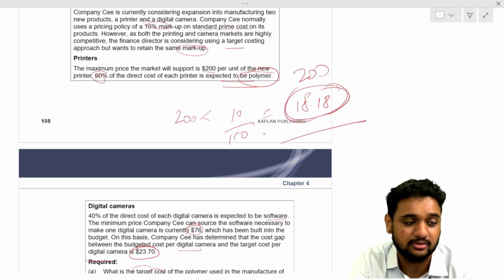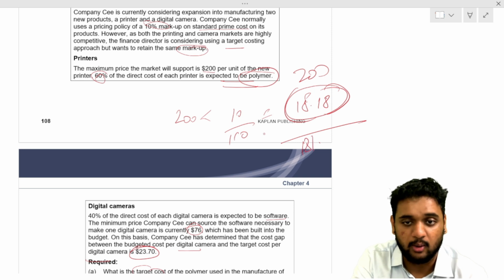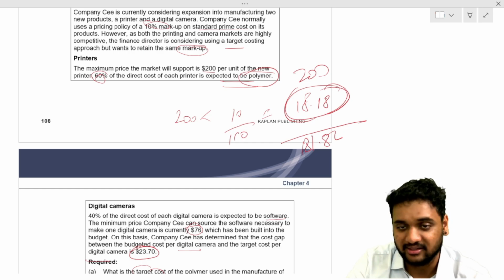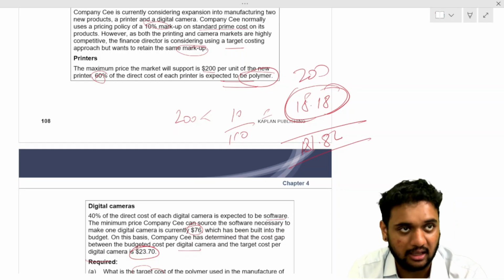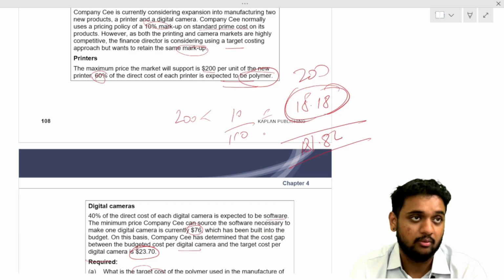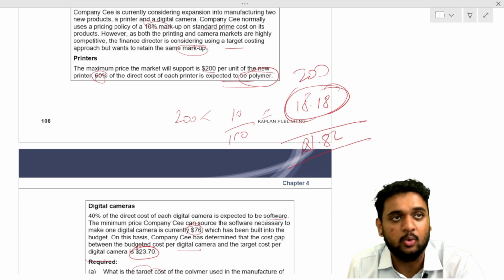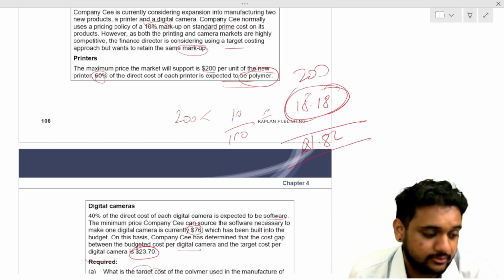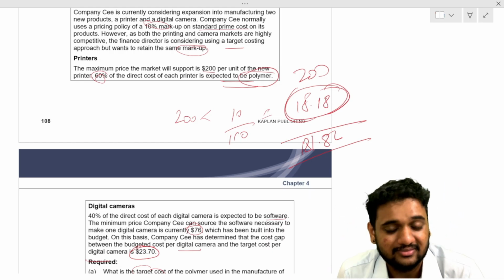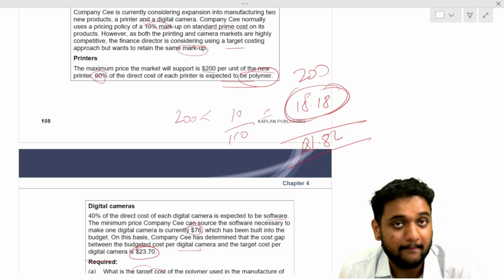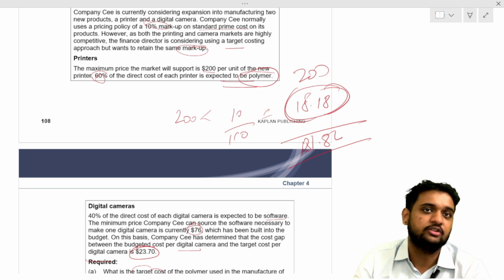What is the target cost? 200 minus 18.18 will give you 181.82. Both together should be 200. Understood? What is the target cost? 181.82 is the target cost.